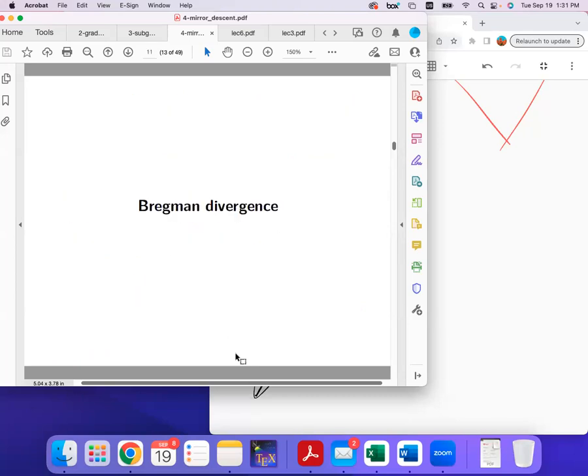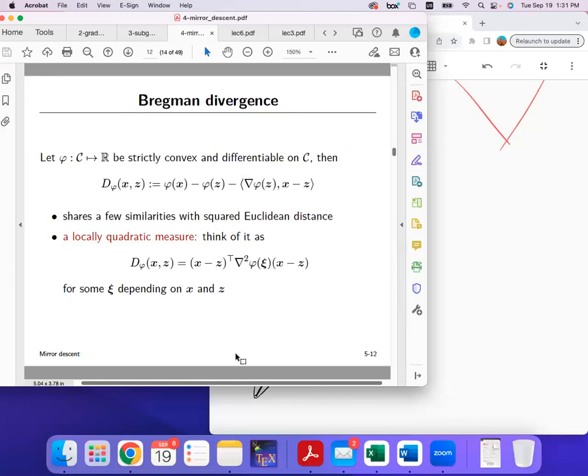So let's just look at this Bregman divergence. This divergence is similar to the squared Euclidean distance. In fact, we will show that the squared Euclidean distance is a special case included in this family. This term can be treated as a locally quadratic estimate based on the mean value theorem.